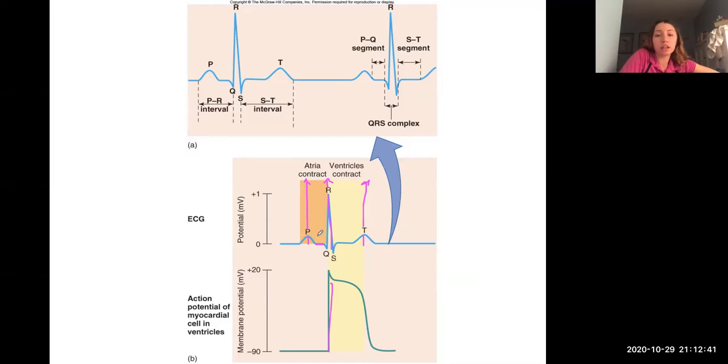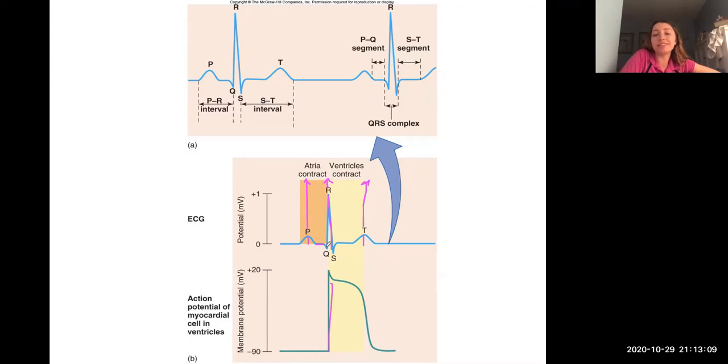In relation to the other graph, once the ventricles fill with the most amount of blood and basically have more pressure than the atria, then the AV valve will close. Once the AV valve closes, then this will be the start of Q, or even a little bit before that because it takes a minute, right? So it'd be more R, right?